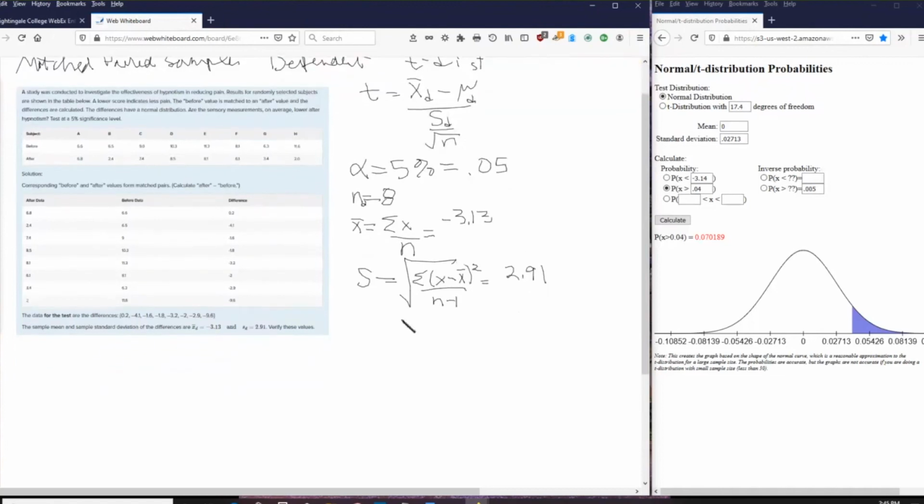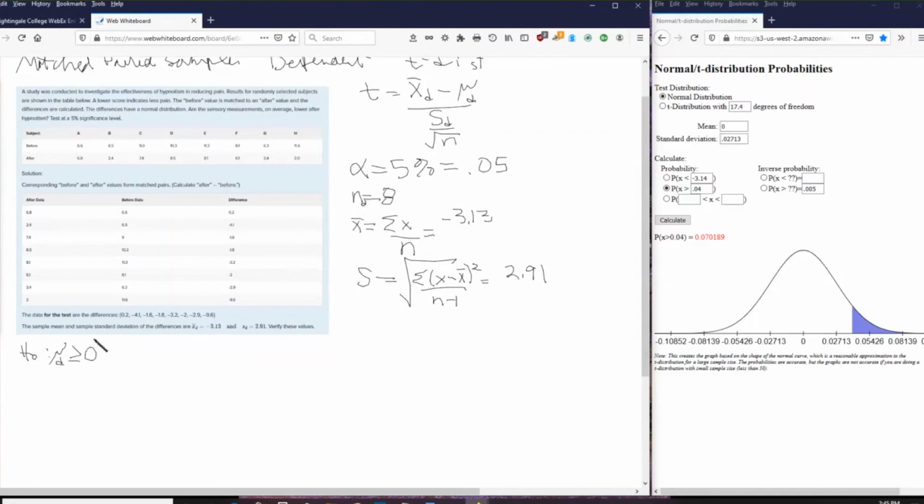My null hypothesis is going to say that the mean of the differences is greater than or equal to 0, which means that there's not going to be any change or improvement after hypnotism.